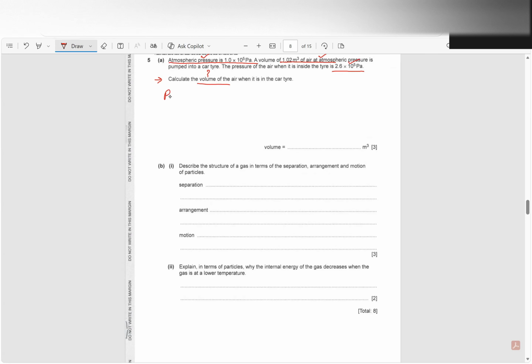We are simply going to use the formula P1 V1 is equals to P2 V2. Fair enough. We have pressure initially, volume initially, and we have final pressure, but not the final volume. So we're going to make final volume the subject, P1 V1 divided by P2. So we're just simply going to add in the values here.